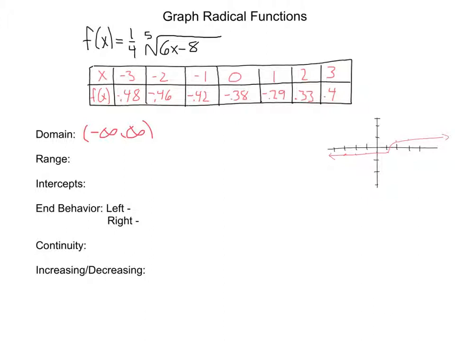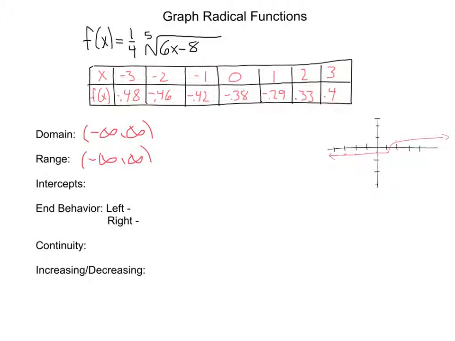If you could picture the graph, it would continue going down very slowly, but it would reach all different values for all of these y values. So our range is also -infinity to +infinity.